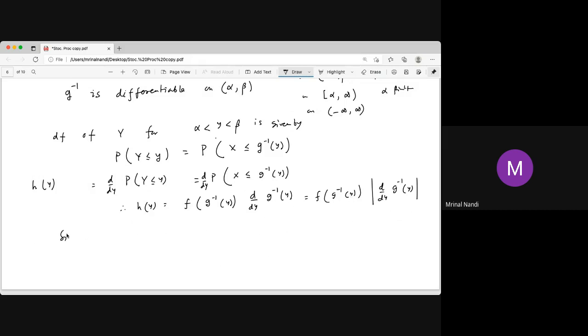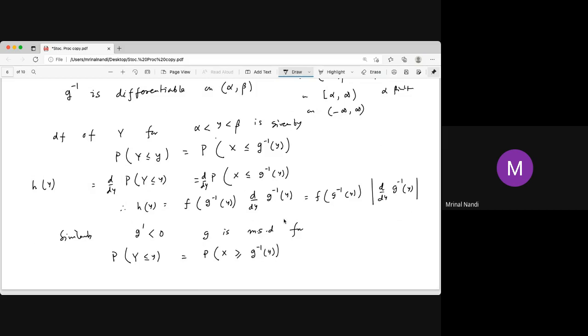Now similarly, if the derivative of g is negative, that is, g is a strictly monotonically decreasing function, then all these things are true: the differentiability, the inverse existence. The only difference is that the probability of Y less than or equal to y is then the probability of X greater than or equal to g inverse y.